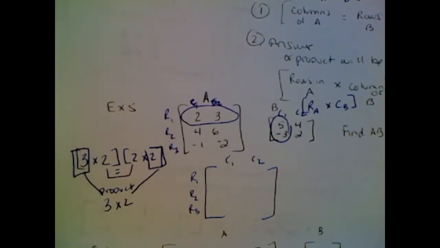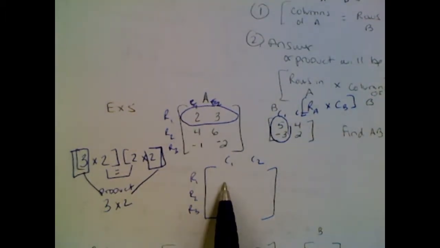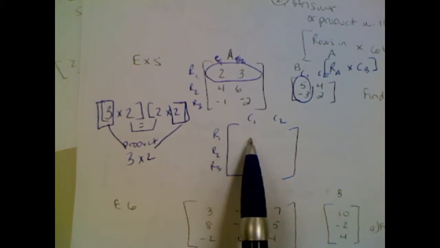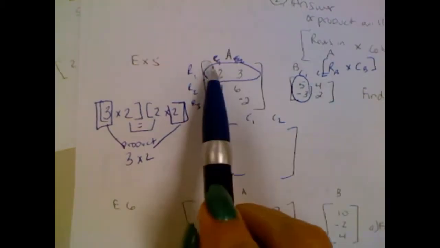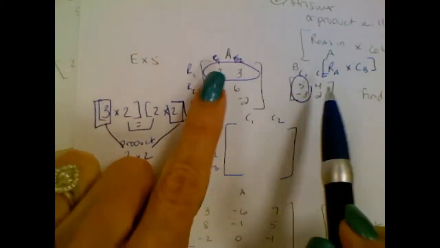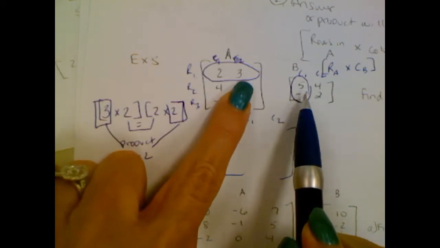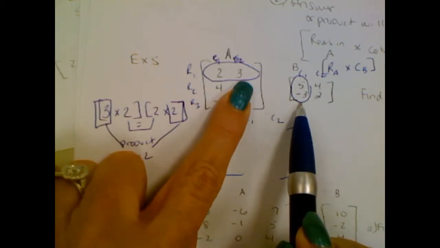The combination of these 2 circles of these numbers are going to give you the first answer in this little corner right here. So the first answer right here is everything from row 1 and column 1. Guys see that? Row 1 from the first one and column 1 of the second one. Here's row 1, here's column 1. So what you do is you go 2 times 5 plus 3 times negative 3.